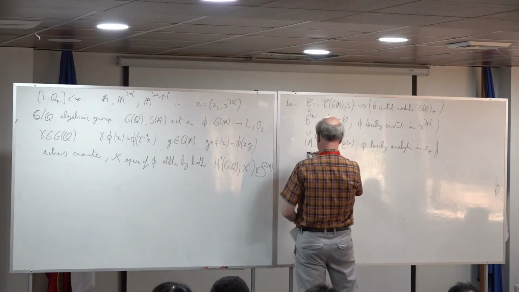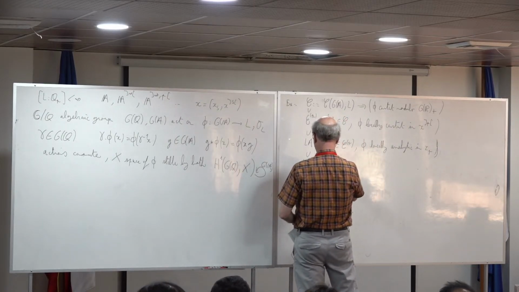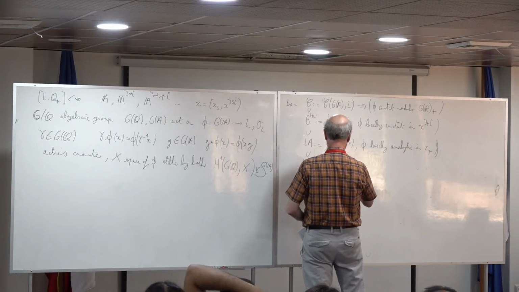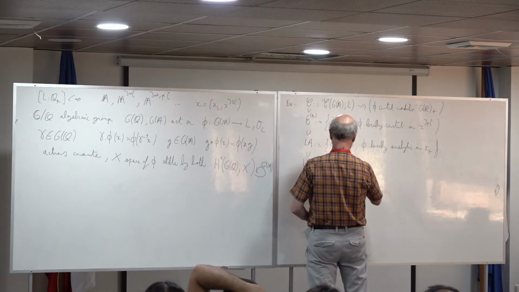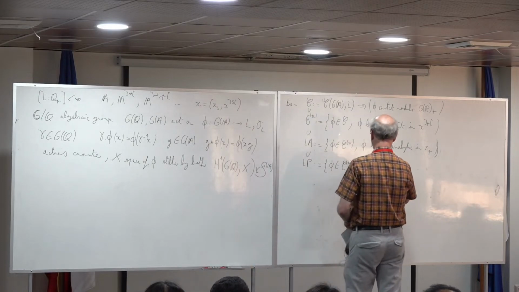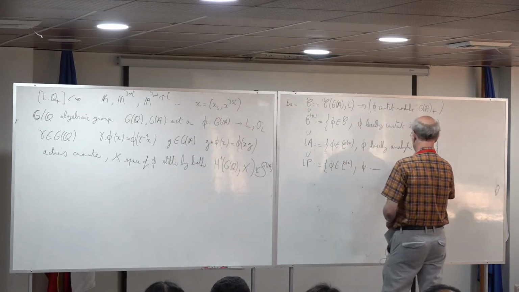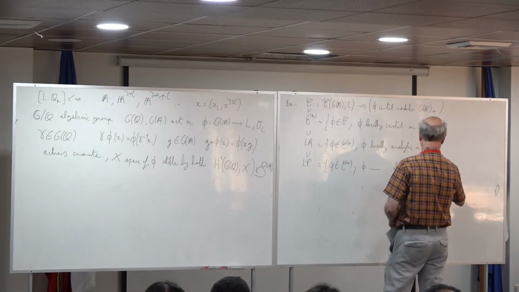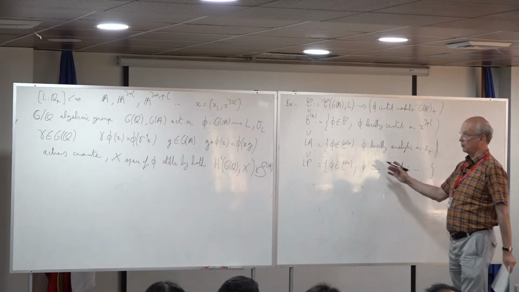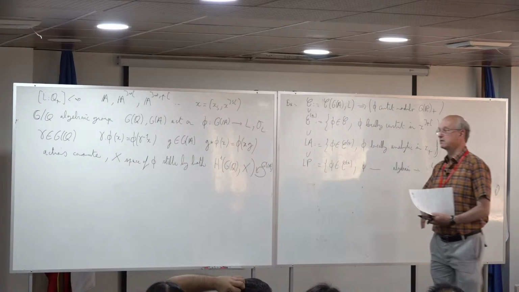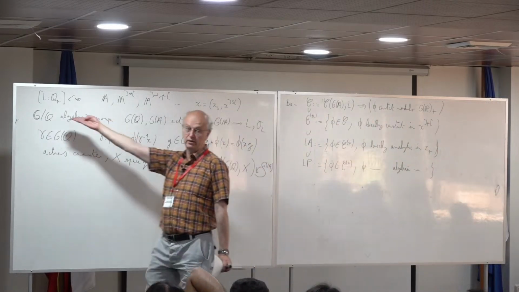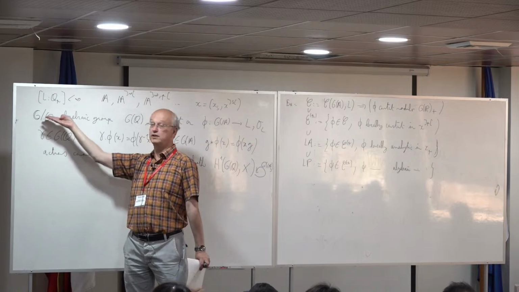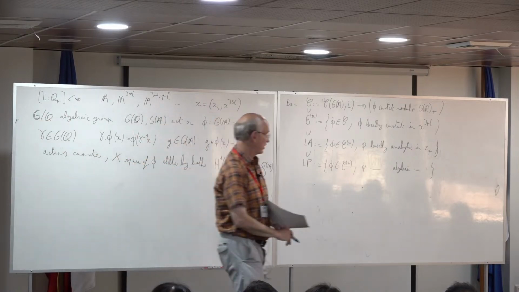And finally, inside here, you have what I call L_P, which are the locally algebraic functions. So phi is locally algebraic. And so it means that locally, so here you have an algebraic group, and so locally it's a polynomial in the coordinates of this algebraic group.